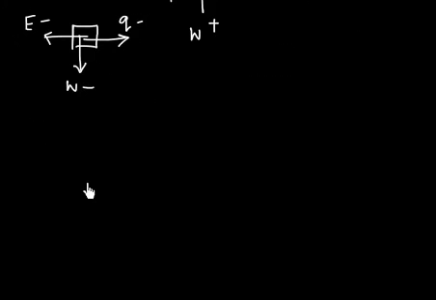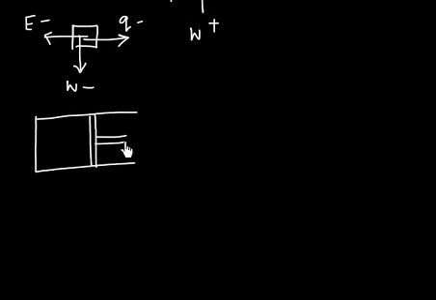Now let us say I have a vessel, and this vessel is basically having a piston. This piston is a movable piston, it can move. Inside this we have gas.